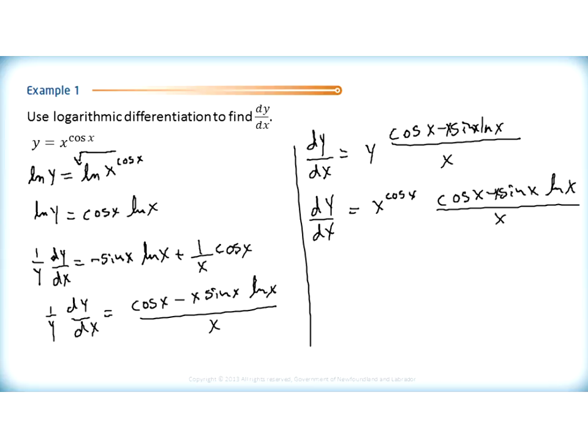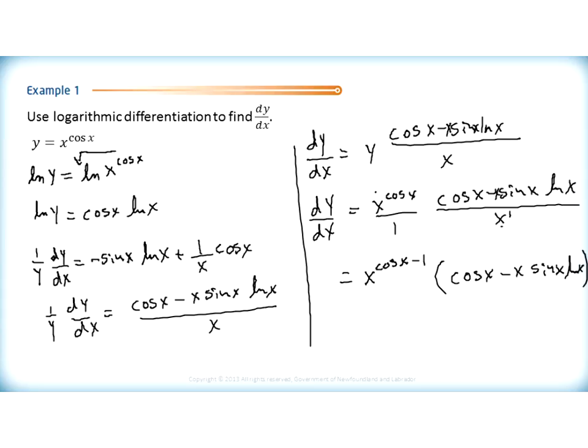And I think I'm going to do one more thing here, realizing that this denominator is to the power of 1. Then I can combine it with this expression up here and just subtract my exponents. So my derivative in the end becomes x to the power of cosine of x minus 1, multiplied by cosine of x minus x, don't forget the x, sine x ln x. And there we have it.